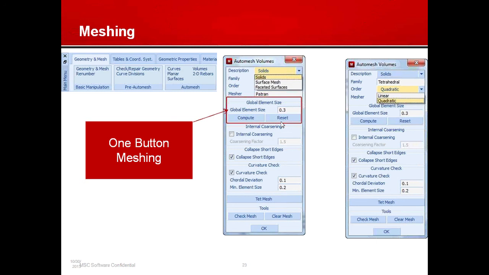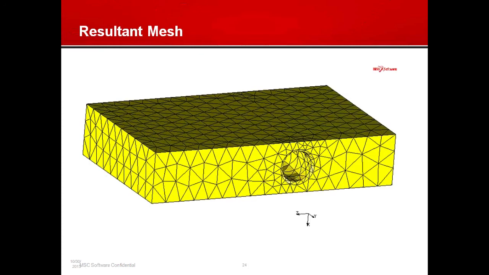Now this is again done just in one button meshing. So we're continuously adding more capability in Mentat for meshing technology, and this is a big step in 2013.1, and you will see additional new meshing technology in subsequent releases.